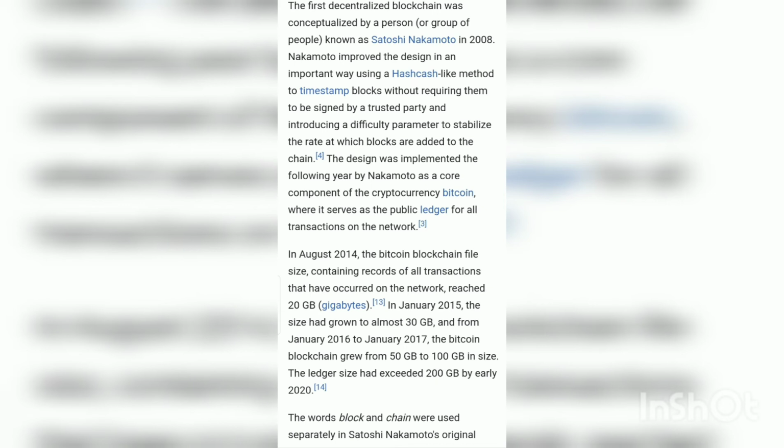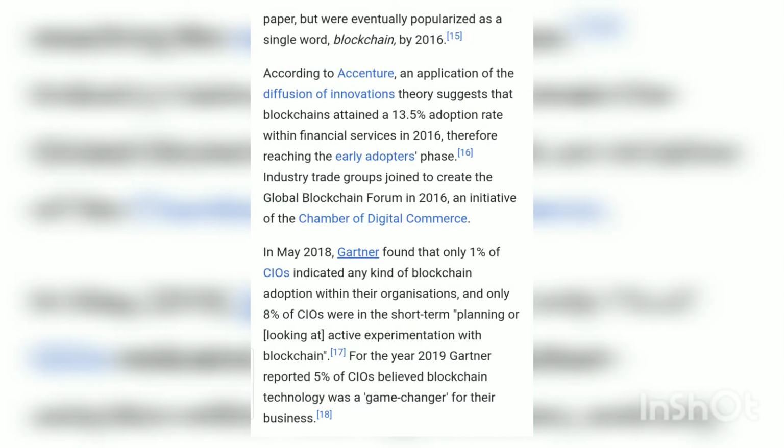The ledger size had exceeded 200 GB by early 2020. The words block and chain were used separately in Satoshi Nakamoto's original papers, but were eventually popularized as a single word, blockchain, by 2016.